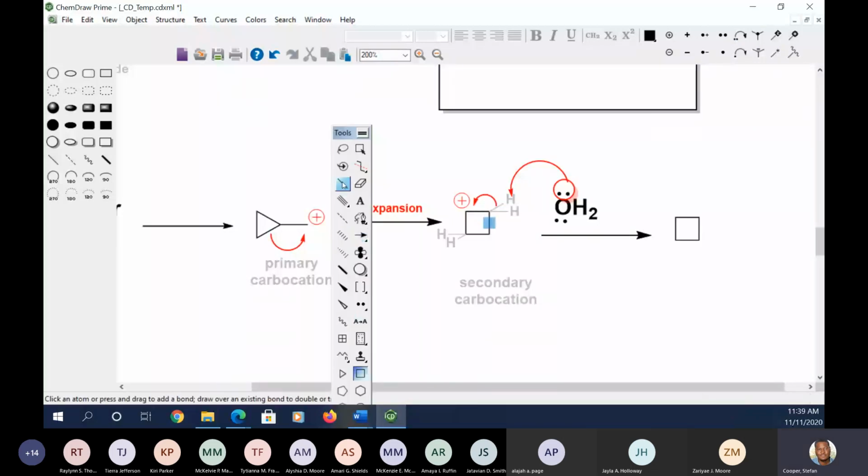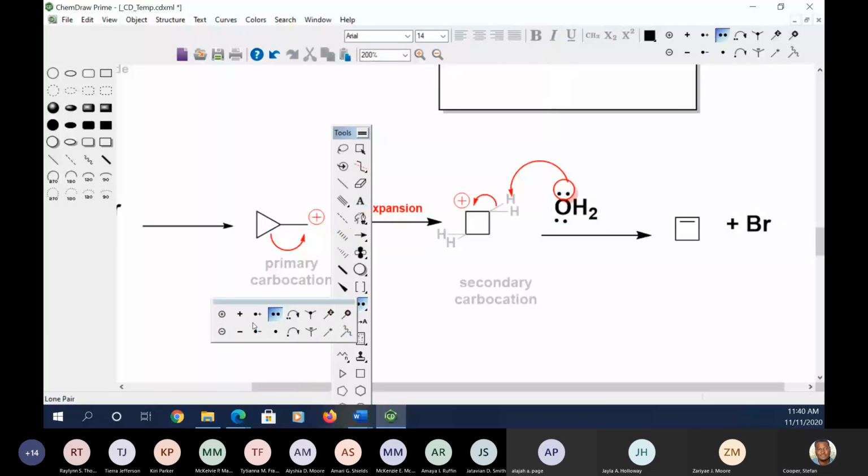Right? So once I do this step, I'm going to form this compound here, and my byproducts are going to be bromide minus and just protonated water species.